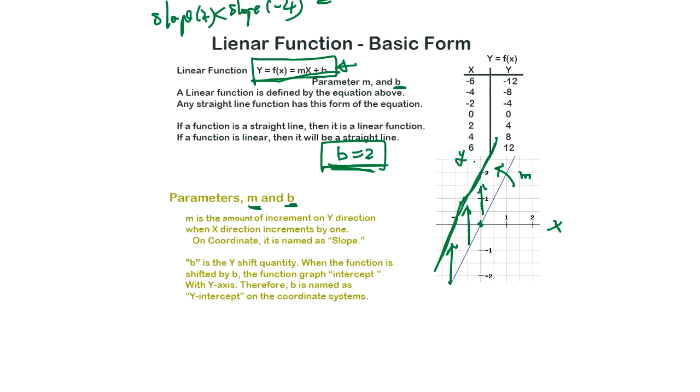M is the amount of increment on y direction. It's called slope, right? B is the y shifted quantity. So when you draw the line where it's intercept with y coordinate, value b, so b is called intercept.